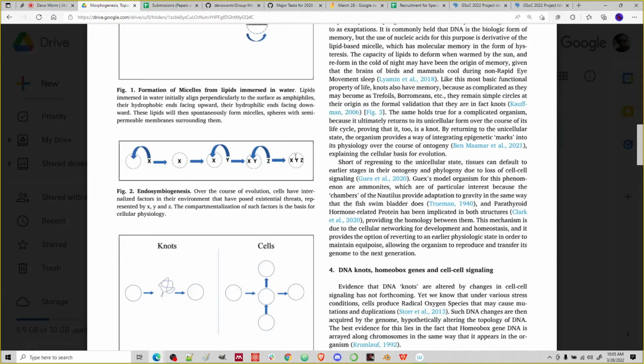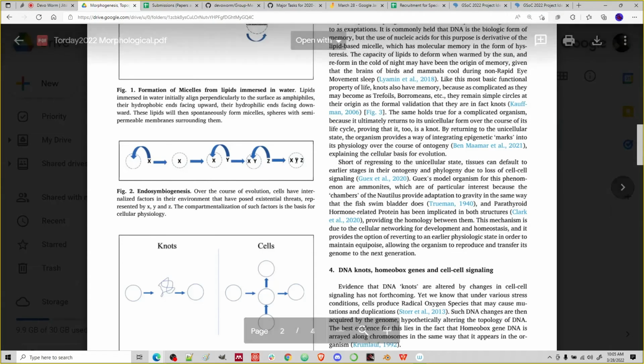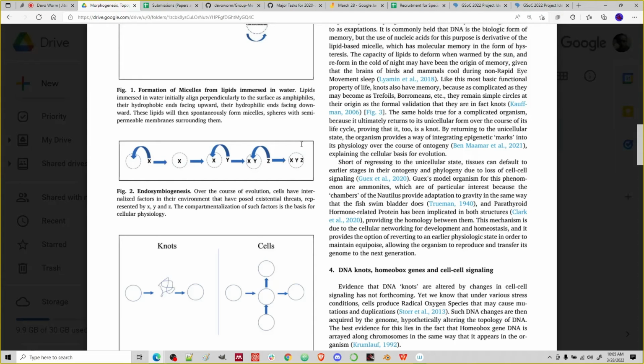It allows organisms to fend off threats more effectively, as opposed to X, Y, and Z being separate organisms living in association. If they live in the same organism, they can fend off threats more easily.